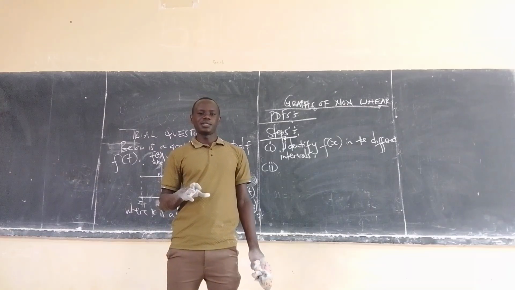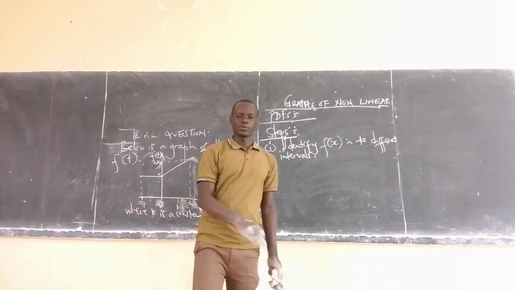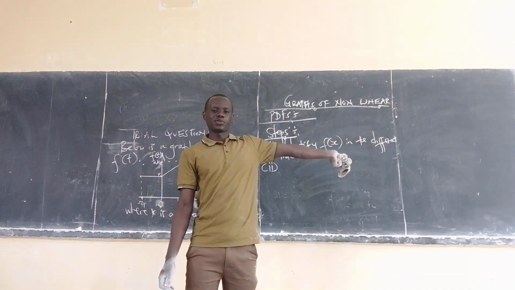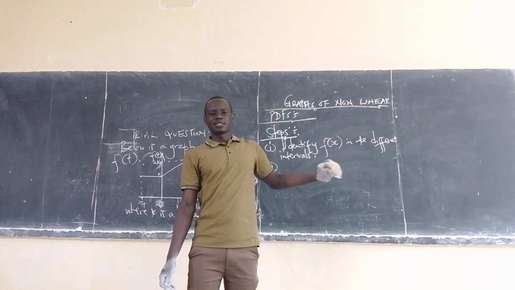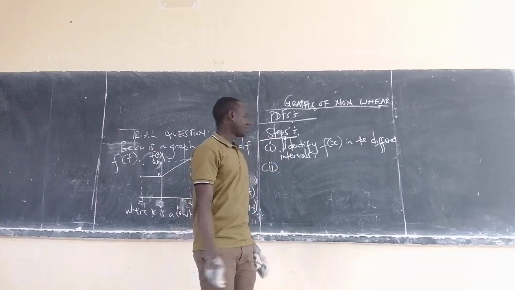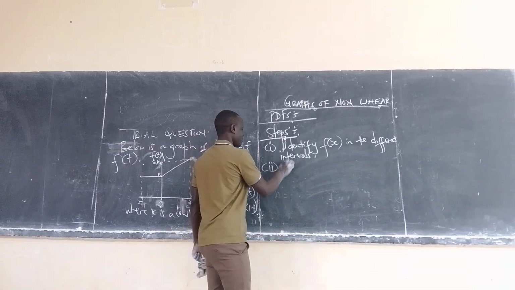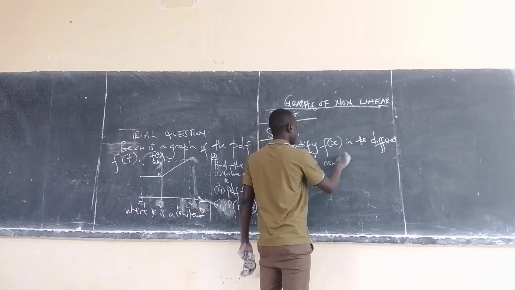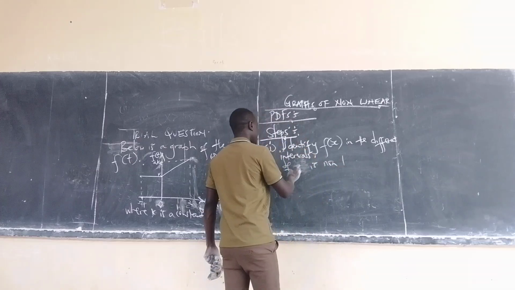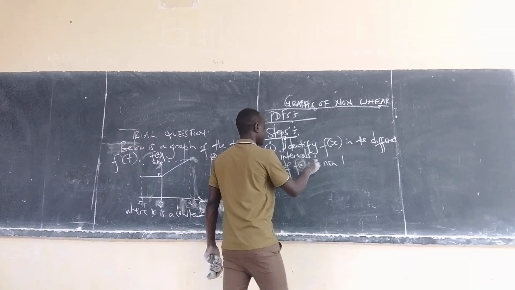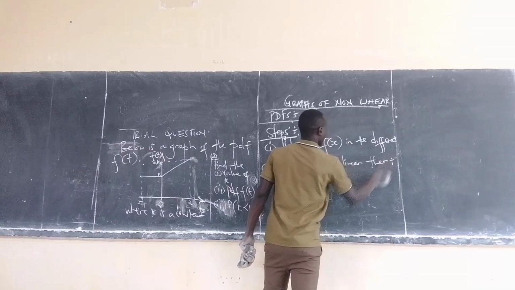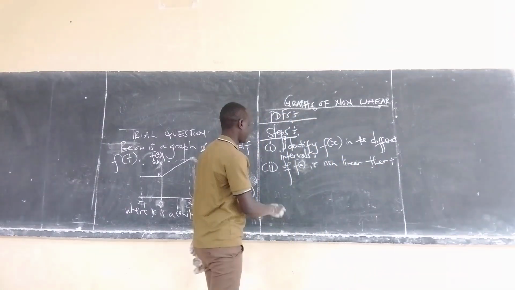And when it is linear, there are steps that we follow. When it is nonlinear, there are these steps that we are supposed to follow. So we discussed when it is linear. Now, if f of x is nonlinear, then what?